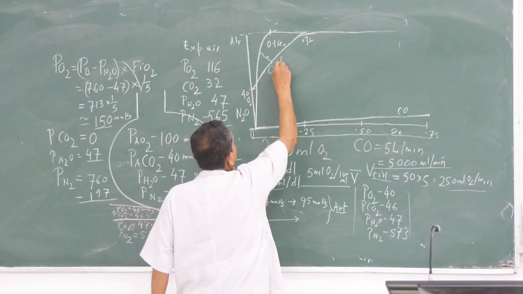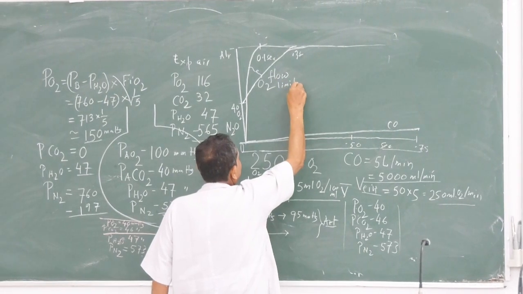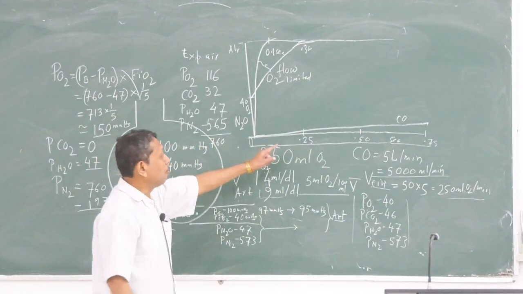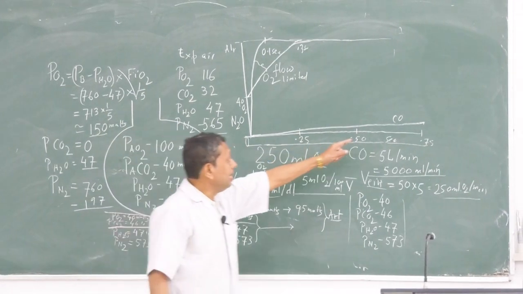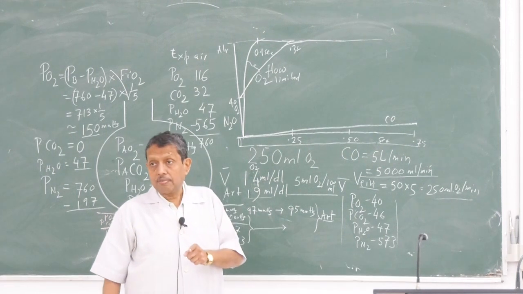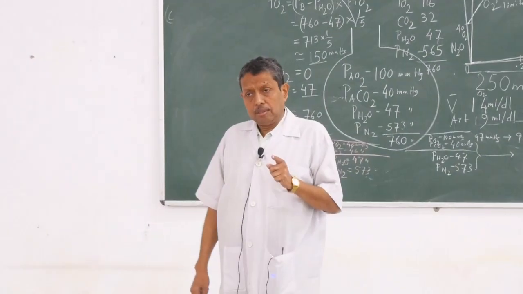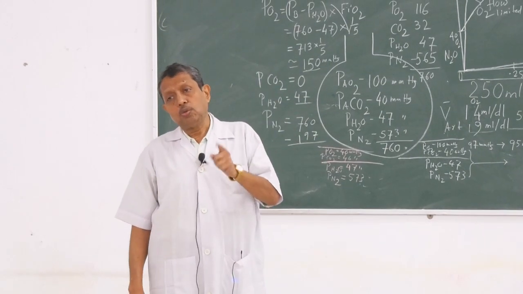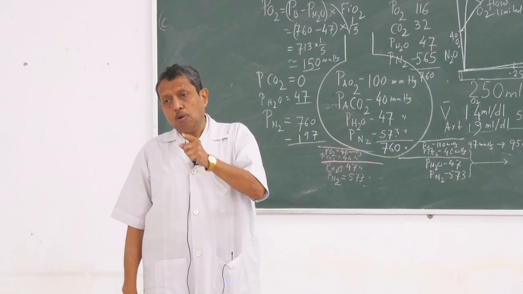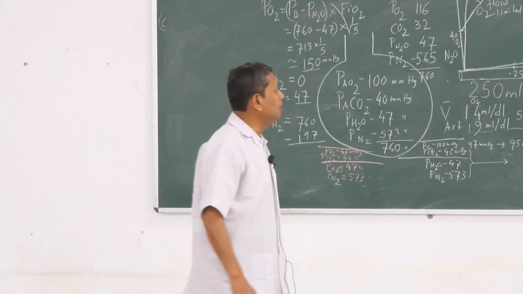This is flow limited. But carbon monoxide transfer is yet to reach this value. So, other factors remaining constant, if you somehow increase the diffusion, you can allow more carbon monoxide to enter the blood. So it is diffusion limited.